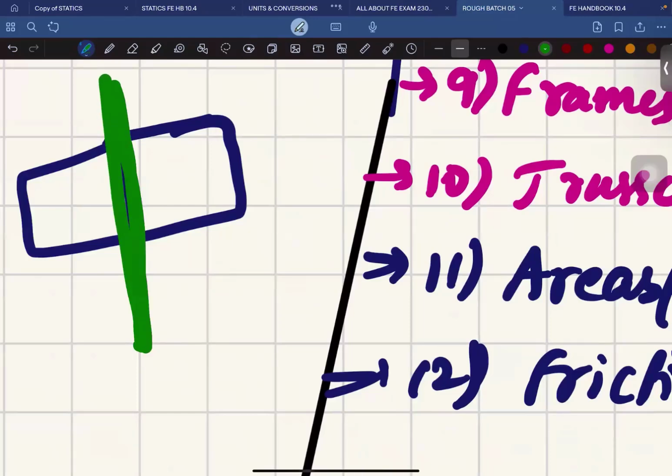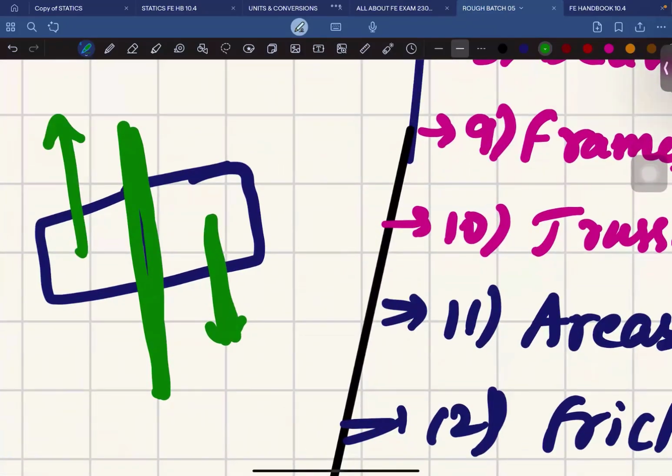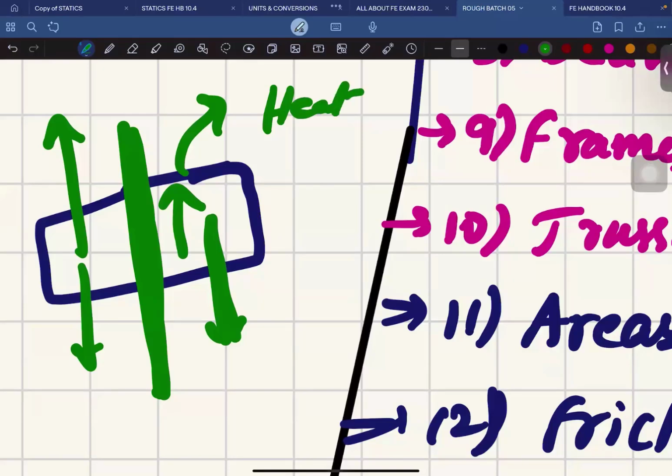Friction will generate when there is motion between these two bodies in opposite directions. If the two blocks are moving in the same direction, there will not be friction. When you rub two bodies against each other, friction will develop, and because of this friction, heat is developed. We rub our palms in winter, this kind of frictional energy converting into heat energy.